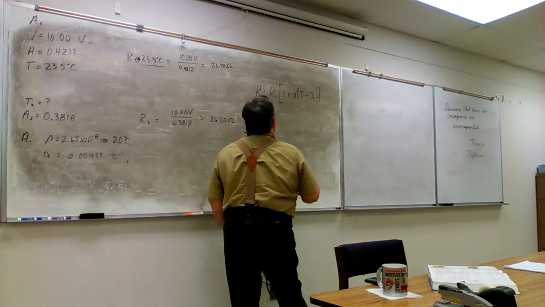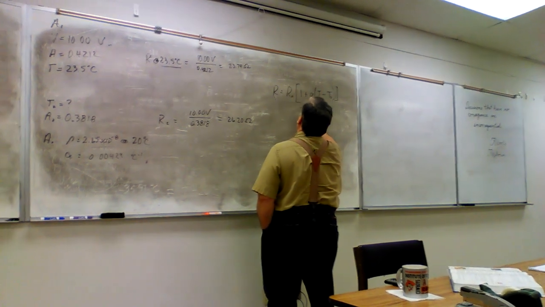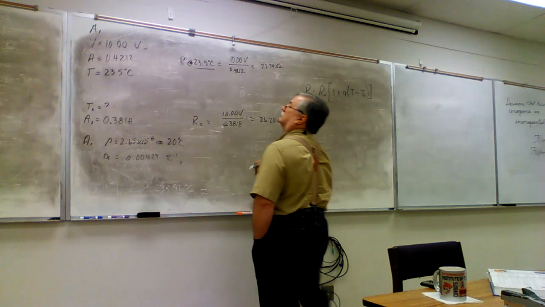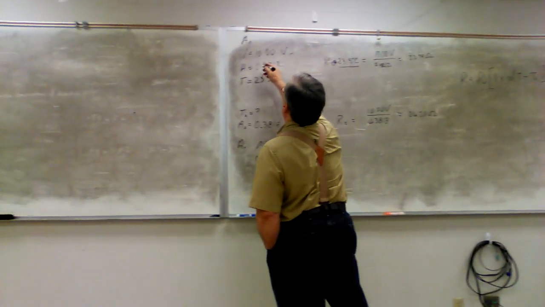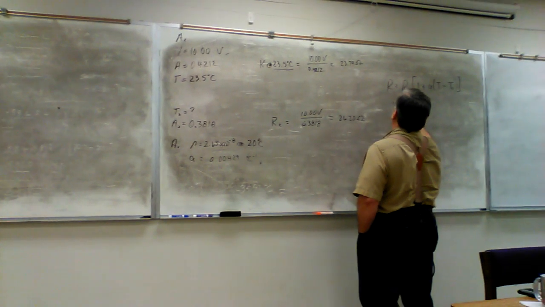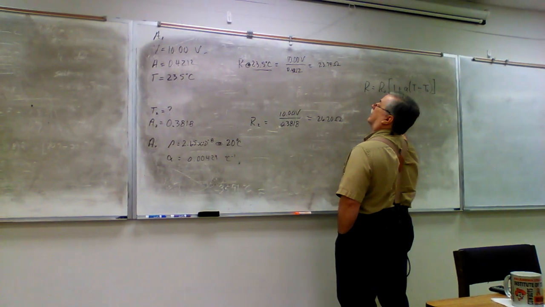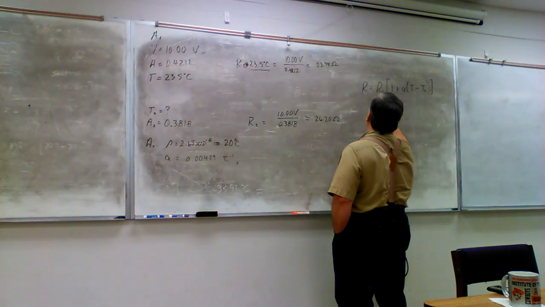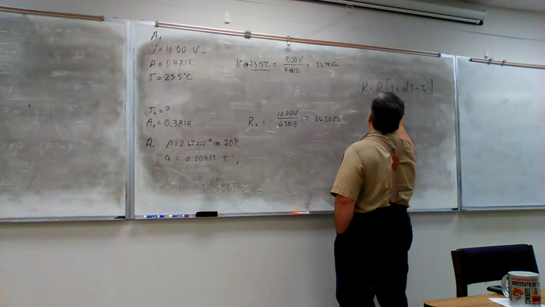Okay. So now at 23.5 degrees C, we have an initial resistance of 23.74 ohms.